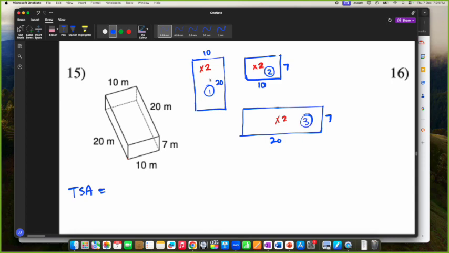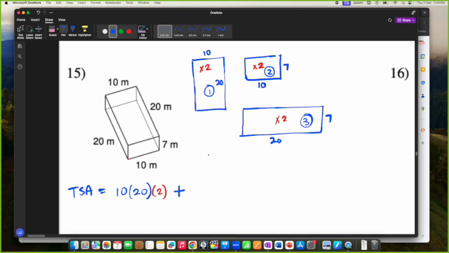So the area of shape number 1 will be the base times the height, which is 10 times 20, and then I'll multiply that by 2 because it's 2 shapes.